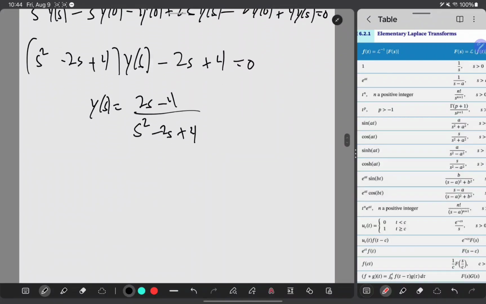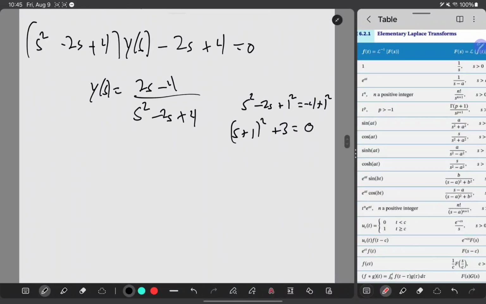So let's complete the square. This would be s squared minus 2s plus 1 squared is equal to negative 4 plus 1 squared. S minus 1 squared plus 3.